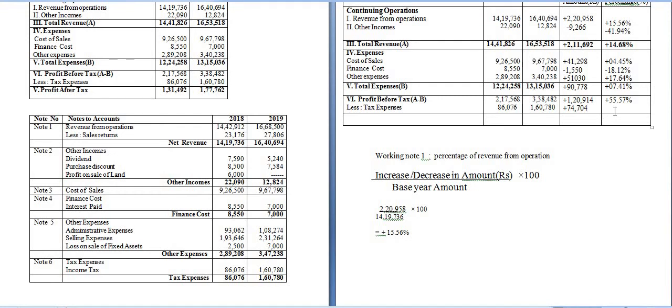Now we have to find out the percentage. How will you find out percentage? 74,704 rupees divided by the base year amount.